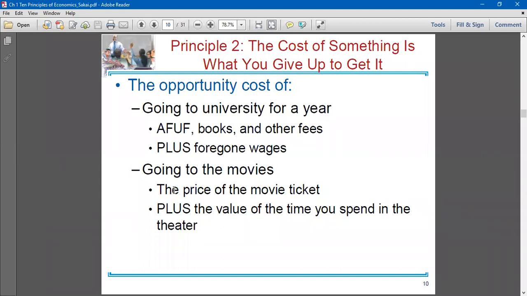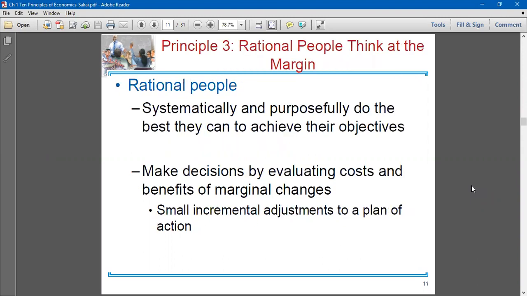That is an opportunity cost that you have to add to the actual price of the movie. So when you watch a movie, the cost you are giving out is, one, the price of the movie ticket, and two, the value of the time that you spend in the theater. So definitely you have to give up something in order to get another thing. I hope the second principle too is okay.